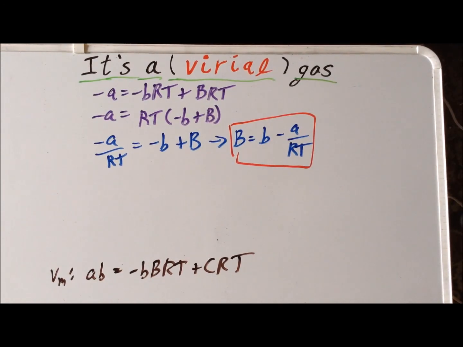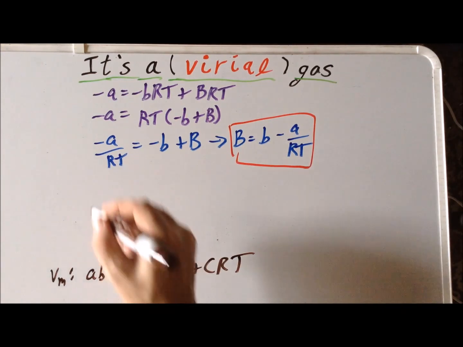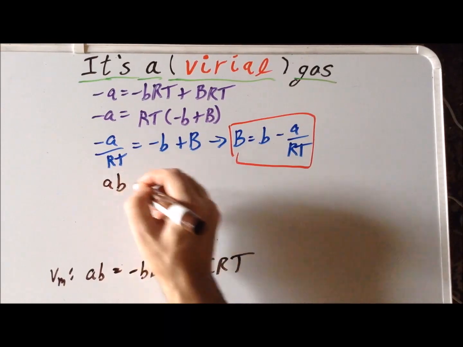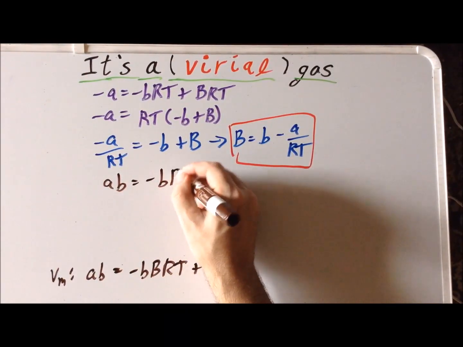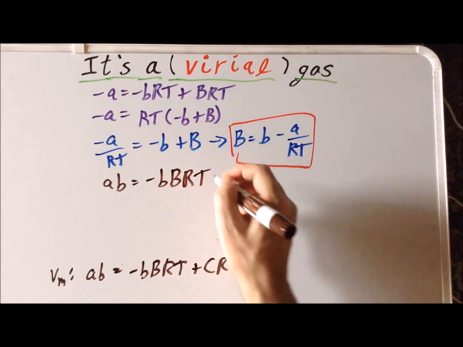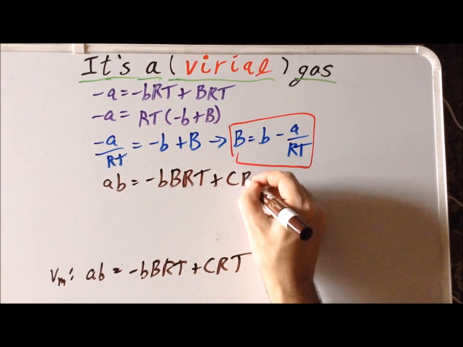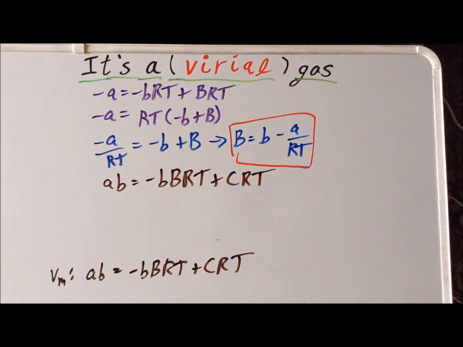Next, we would like to solve the equation for the linear powers of the molar volume. So we have that little a times little b is equal to minus little b, big B, RT plus big C, RT. We can use the substitution that big B is equal to little b minus a divided by RT.